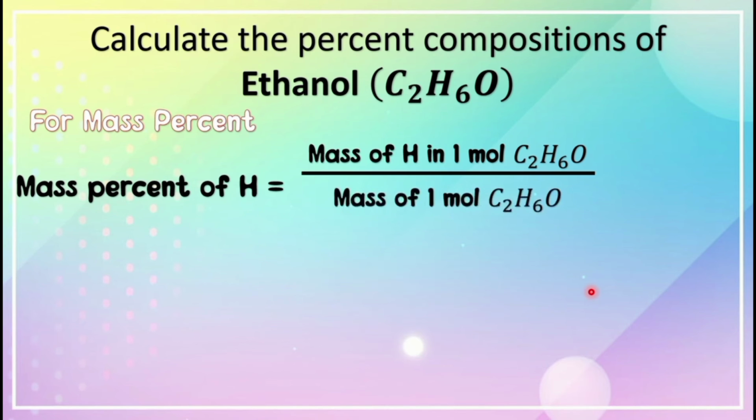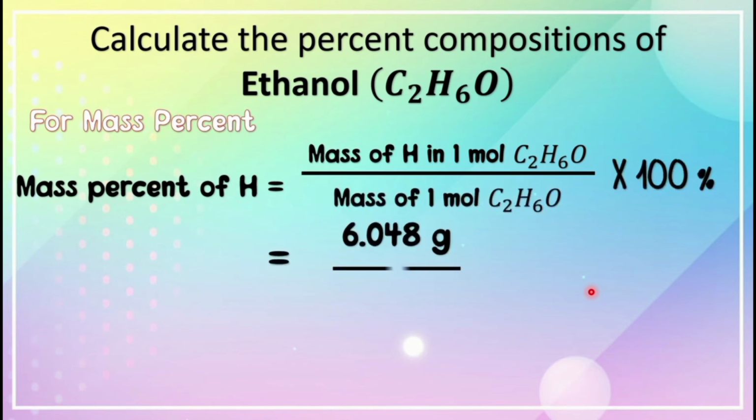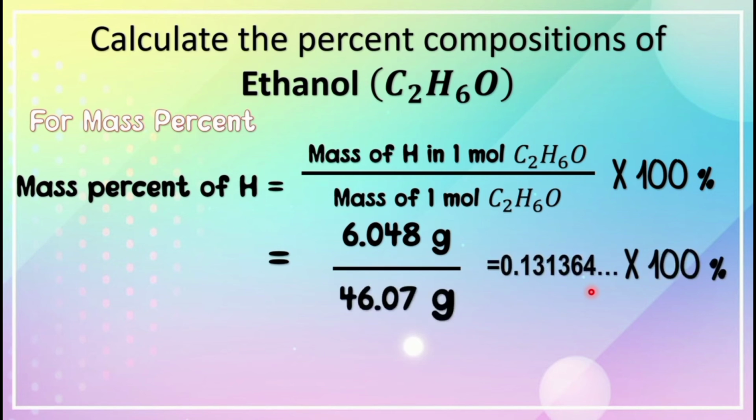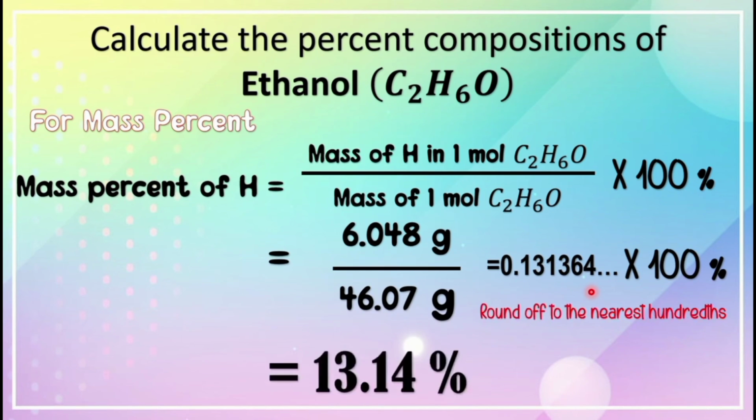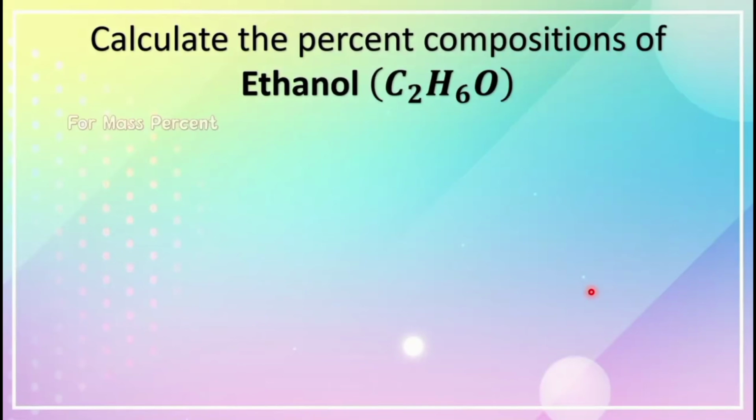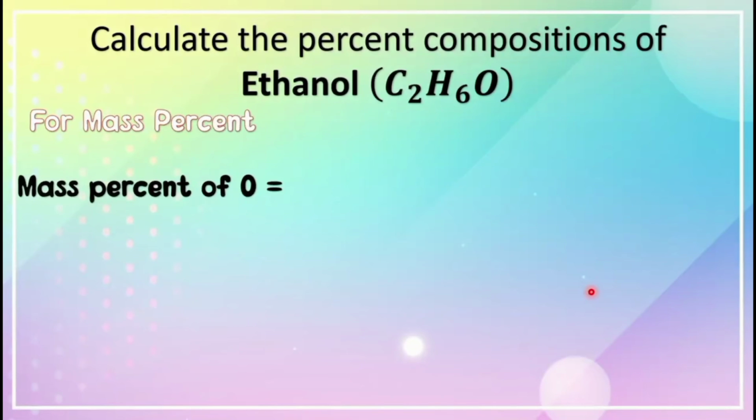Substitute the value for hydrogen, which is 6.048 grams divided by 46.07 grams, equal to 0.131364 and so on, times 100. So the answer is 13.14% hydrogen.